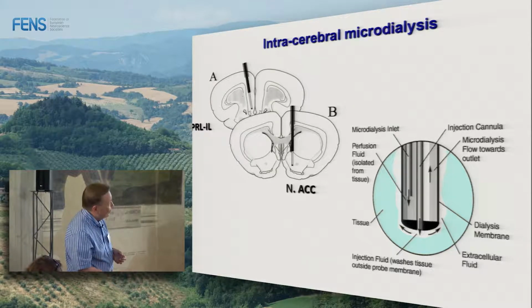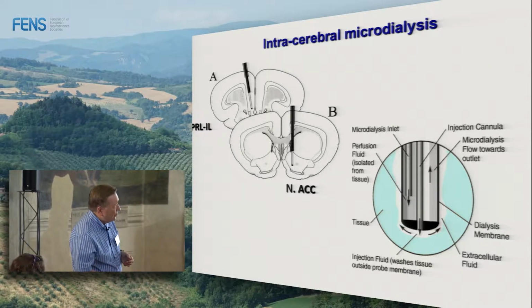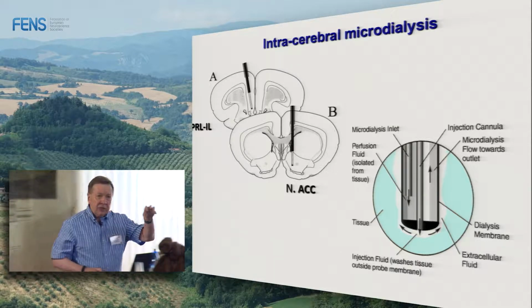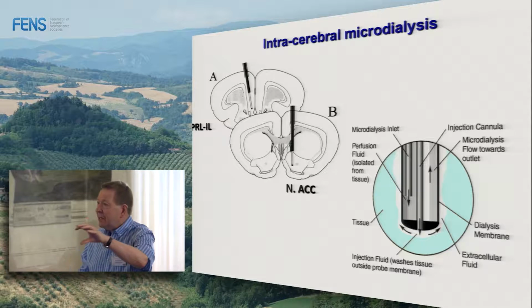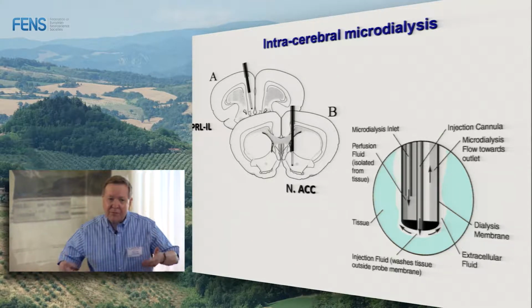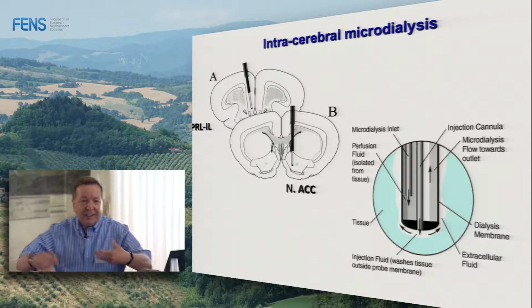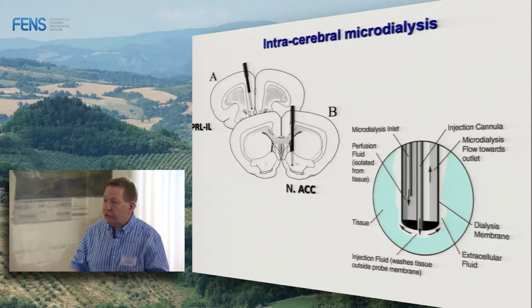So in dialysis, one uses a probe implanted into the brain, one samples the extracellular fluid, and then takes that fluid and puts it onto an HPLC column to measure the specificity of amine release in that effluent. So this is a way of sampling the turnover or the release of the transmitters, perhaps in a behaving situation or in response to a drug.